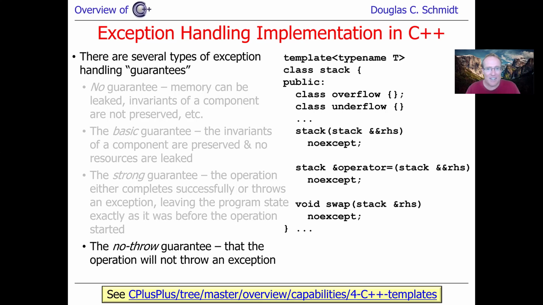And the way we've seen that so far is by making sure that our swap method, our move constructor, and our move assignment operator all are marked as noexcept. And then, of course, we have to make sure the code is written in a way that won't throw exceptions. And that's a flag to the compiler that this code will not throw exceptions. And that allows certain optimizations to be done.